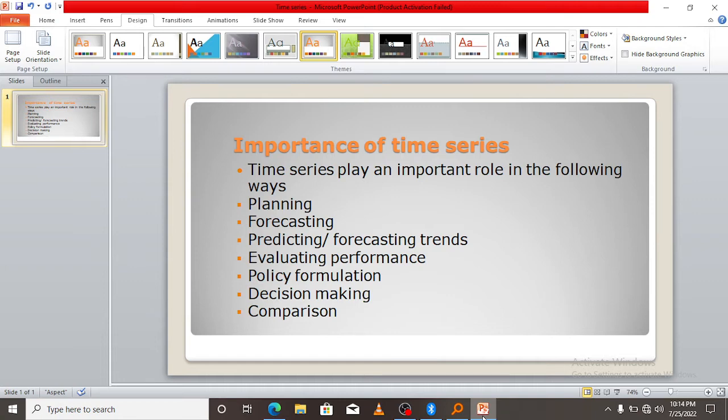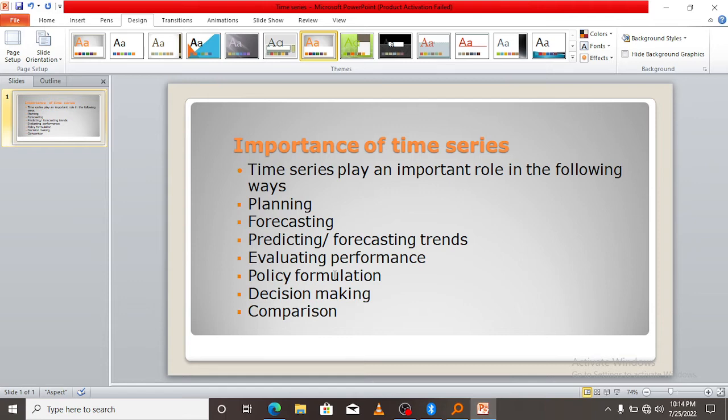That forms what we call time series. There is what we call time series data. Examples: there can be monthly sales or annual sales, annual profits, annual wages, annual operating costs, GDP, among others.